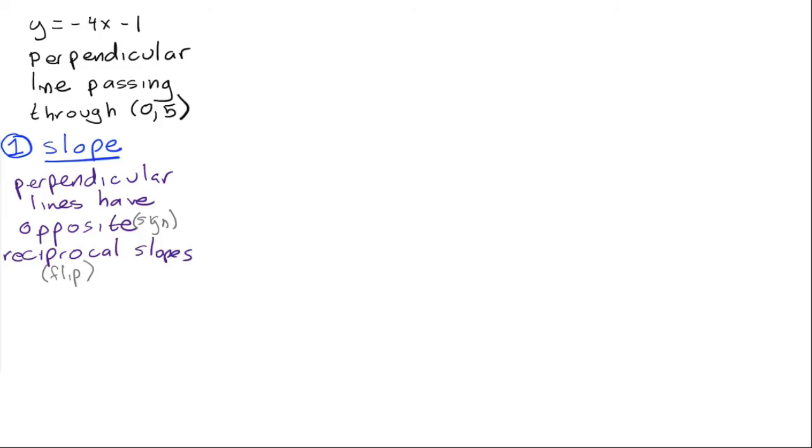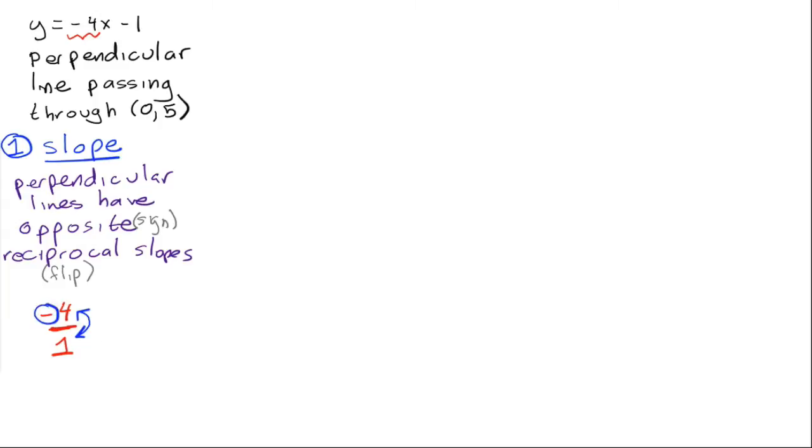Now, in this example, the slope of this line is -4. To flip it, this doesn't look like a fraction, but it actually is. Because if I have a whole number, I can always put a 1 under it. And so the opposite reciprocal of this number would be you flip it and then you change the sign.